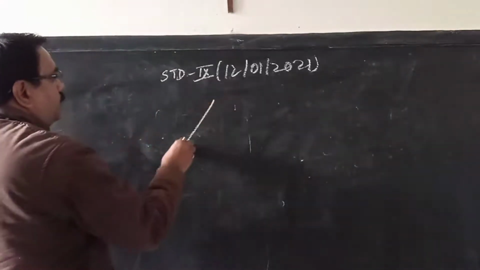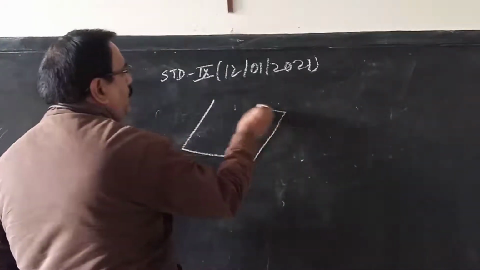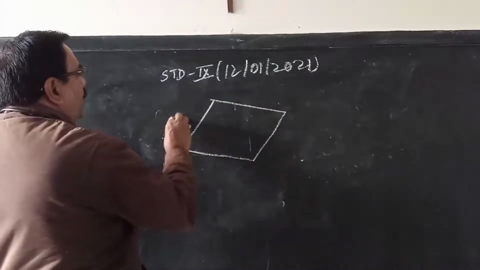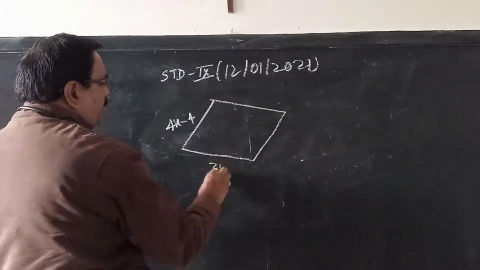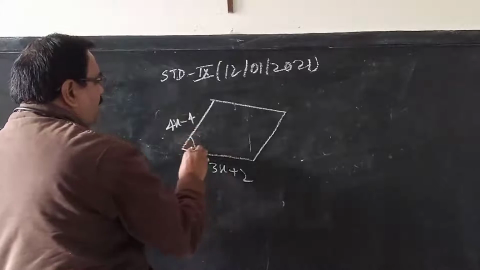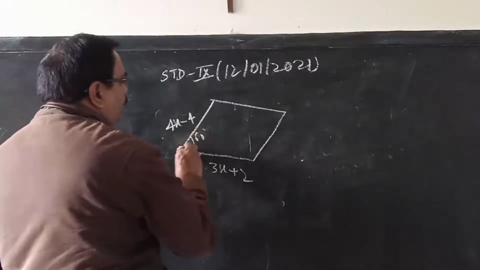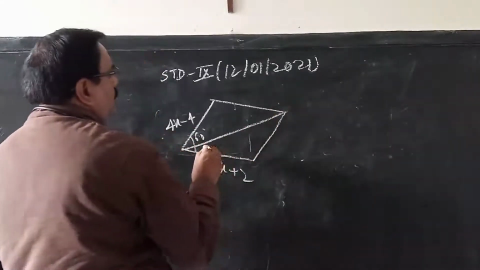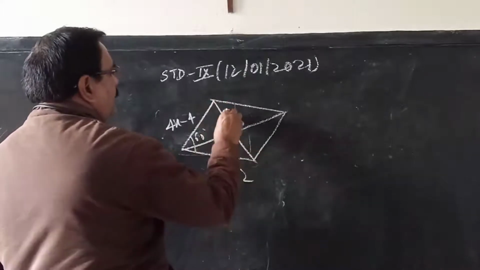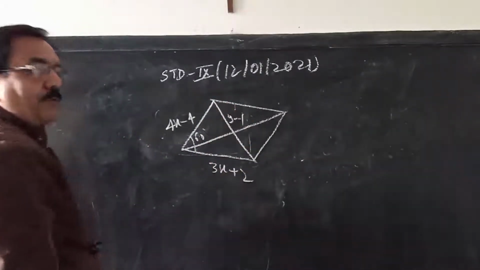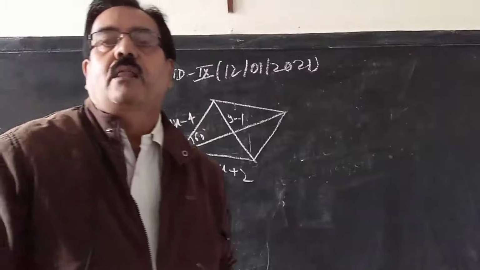This one: a rhombus is given, one side is 4x minus 4, another is 3x plus 2, this angle is given as 60 degrees, and this diagonal part is given as y minus 1. We have to find the values of x and y.